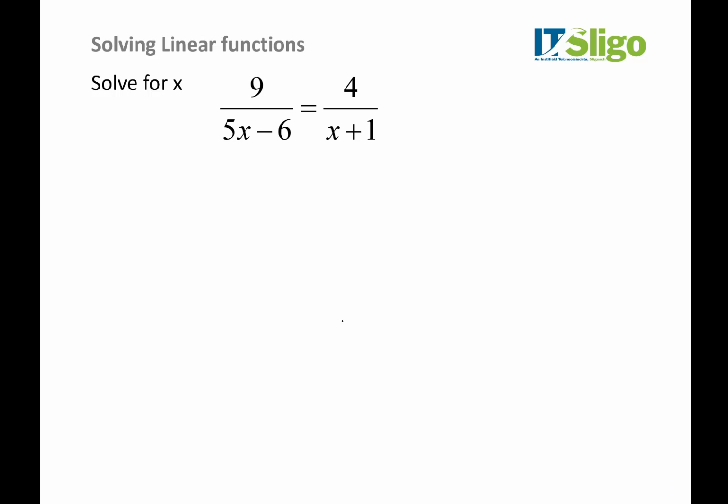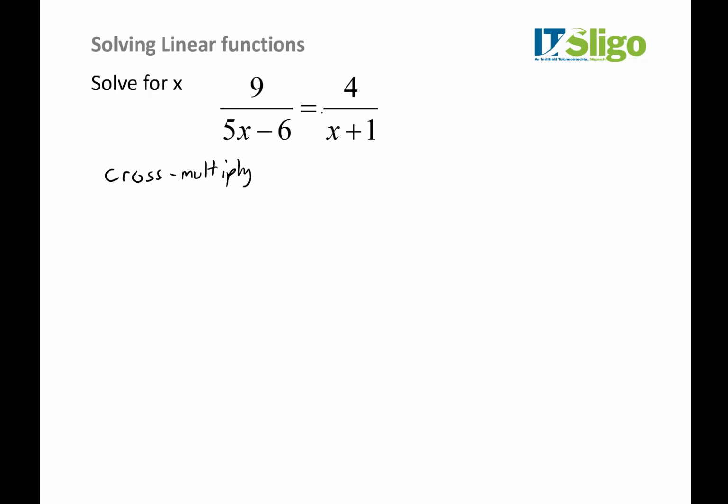Now we take a look at quite a complex looking linear function. Again, we suspect it's linear because the highest power is 1 in everything. And what we have to do here, guys, is called cross multiplication. There's a few different ways of going about it, but cross multiplying is probably the best way.